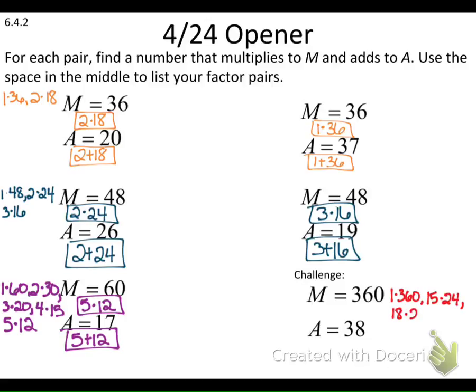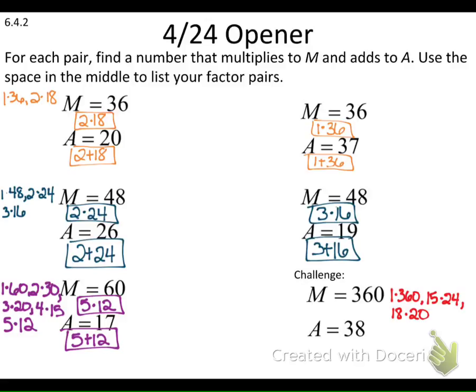Did anybody do all of them, like 2 times what equals 360? 3 times what? Or did you just look at your multiplication chart? Perfect.